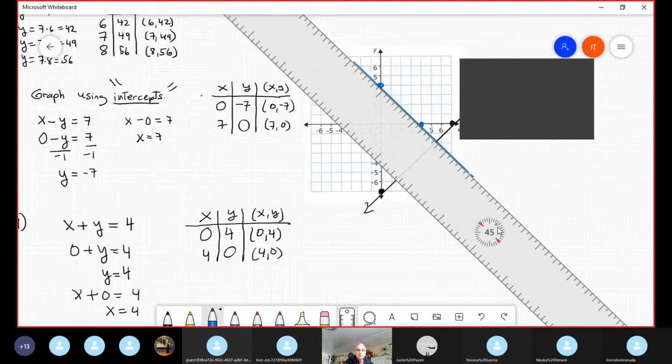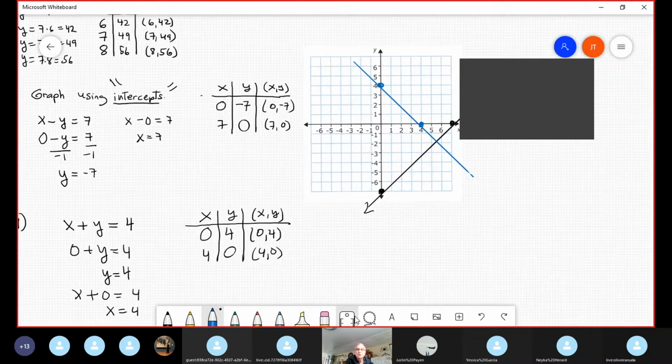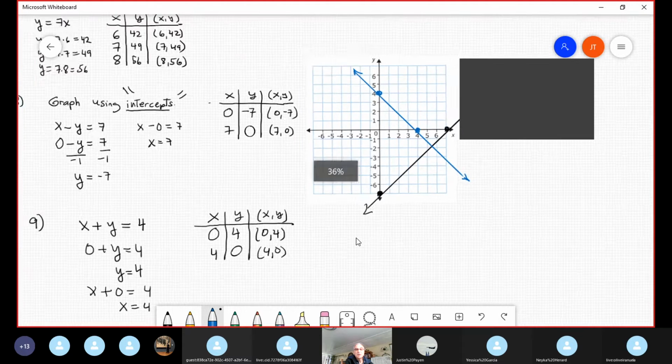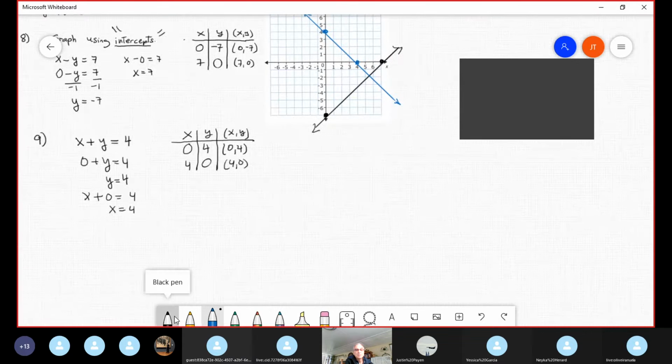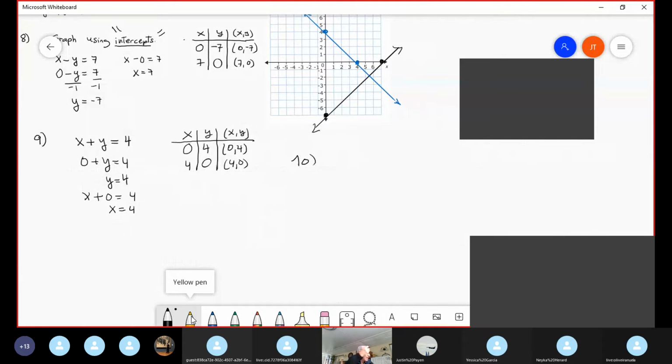Okay, super. This is the graph for number 9. Do you follow me? Is it easy or is it confusing? Guys, answer me. It's easy, clear, pretty easy. I got it. Super easy.